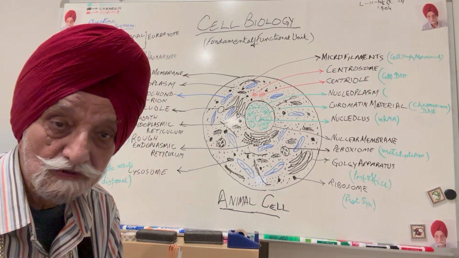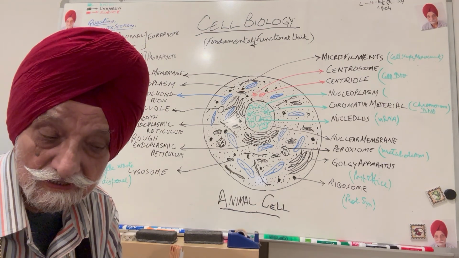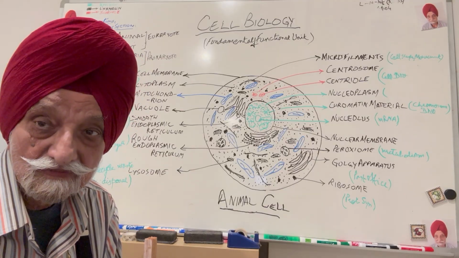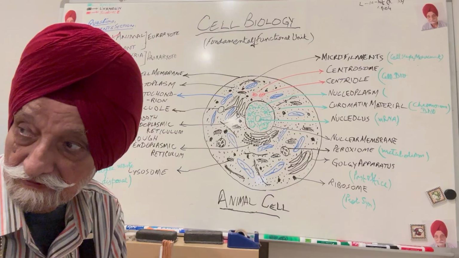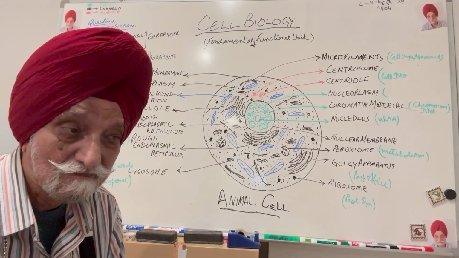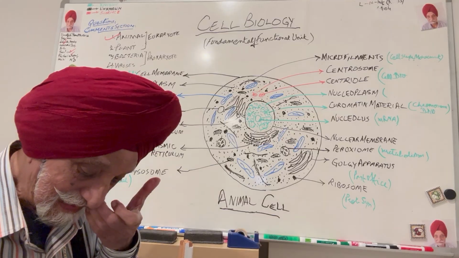And the eukaryotes are new, modern cells which have a more modern structure, and they are found in plants and animals.